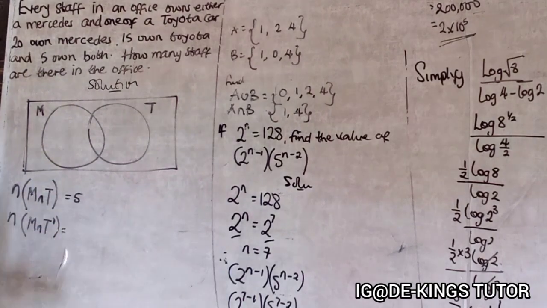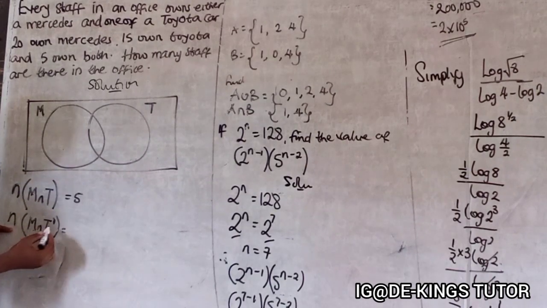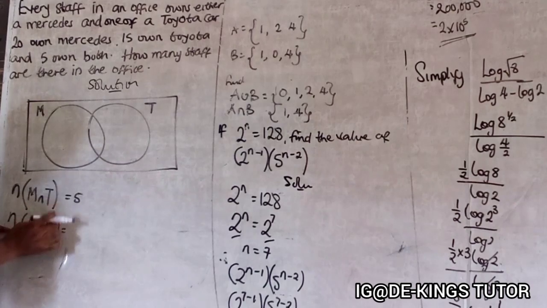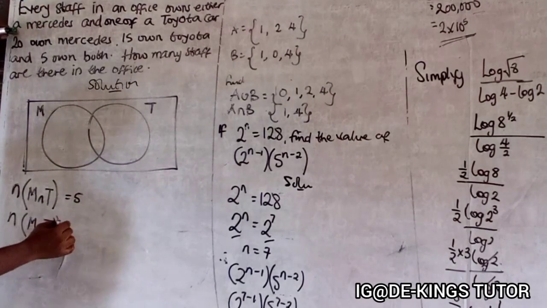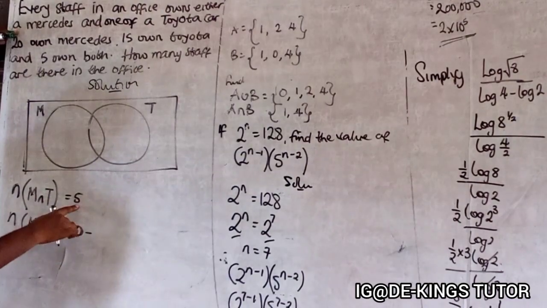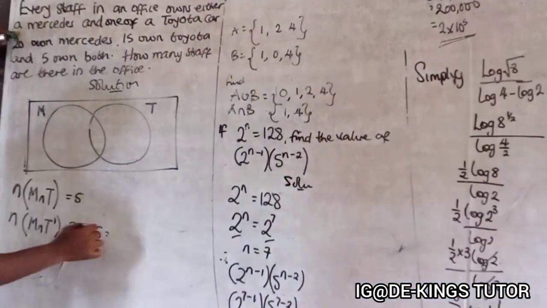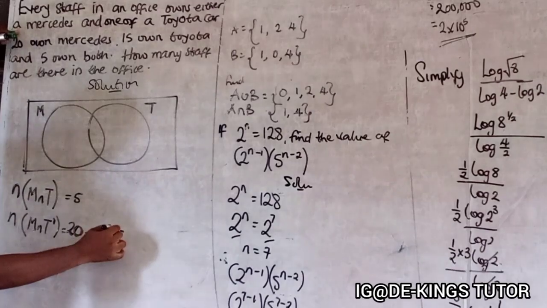So this situation is the number of only Mercedes. Complement means it is not contained in set T. So the number of Mercedes is 20, minus what they have in common, which is 5. So 20 minus 5 gives us 15.